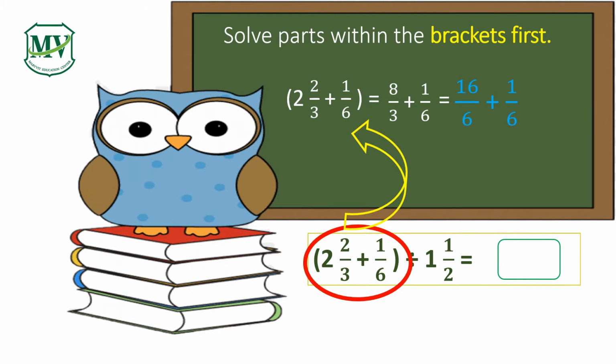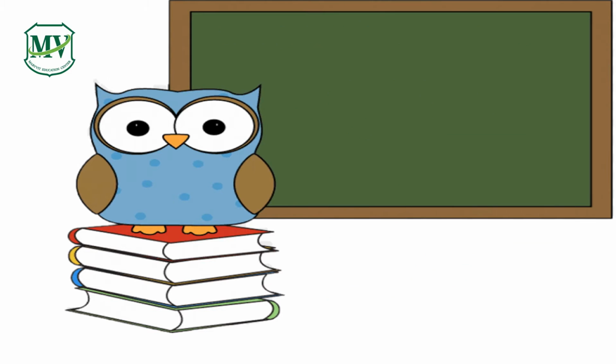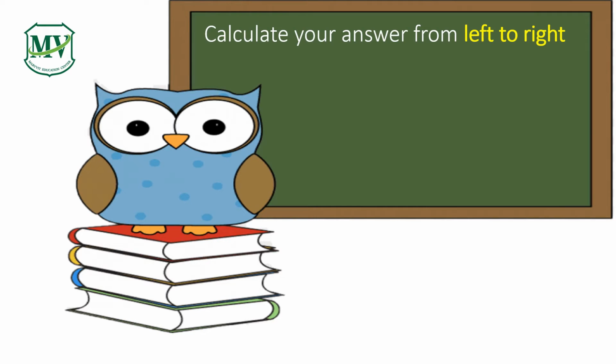Then the answer is 16/6 plus 1/6 equals 17/6. Next, after solving fractions within the bracket, calculate your answer from left to right.